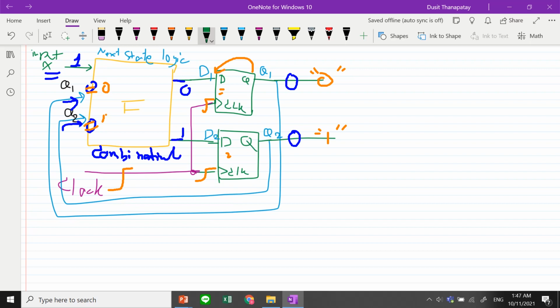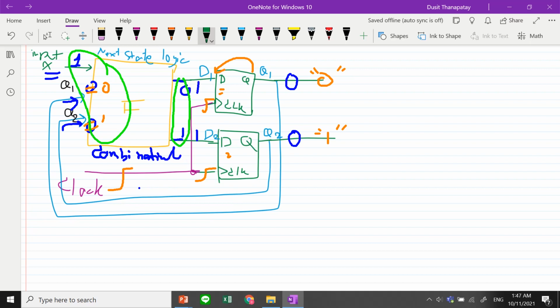So now the input of F changes to what? Input X is 1, Q1 is 0, Q2 is 1. It's changed. That means the output may be changed. Assume the output changes to, for example, 1, 1.